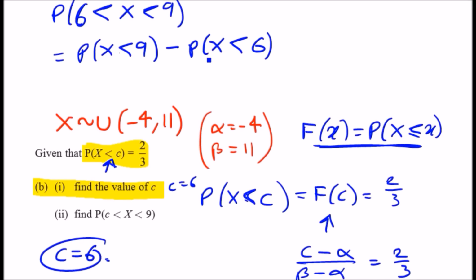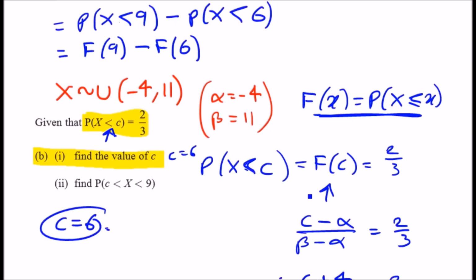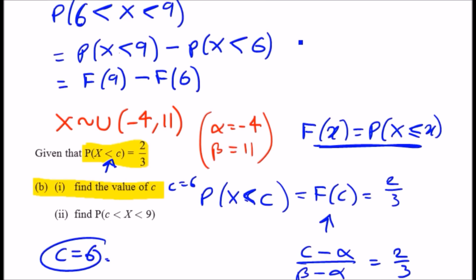And this is easy. This is literally going to be the function at the point 9 minus the function at the point 6. We already know what the function at 6 was. It's 2/3. Now the function at point 9, well, it's the same formula. It will just be the cumulative function, so it'll be (9 minus alpha) over (beta minus alpha) minus the 6 version, which is 2/3.